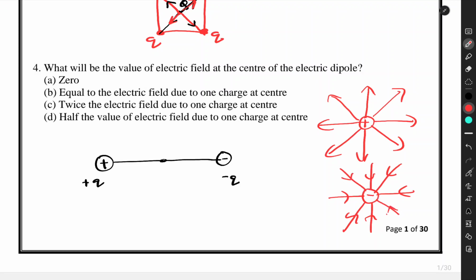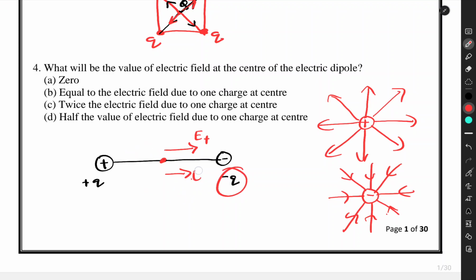If that is the case, at this particular point, electric field due to the positive charge will be in this direction, and due to the negative charge is also in the same direction, because due to the positive charge, electric field lines are radially outwards, and for the negative charge the electric field lines will be inwards.